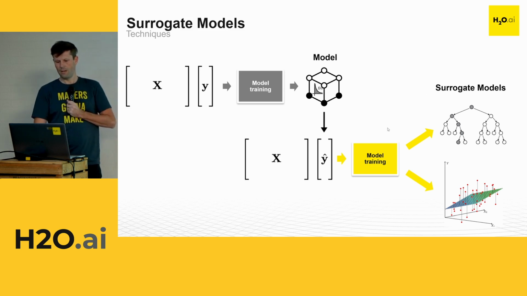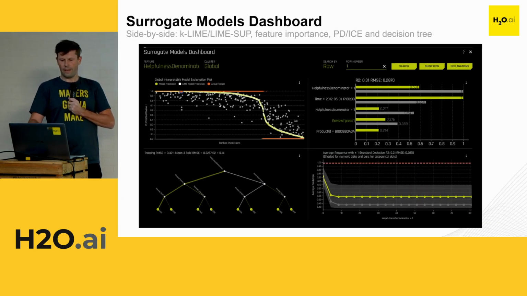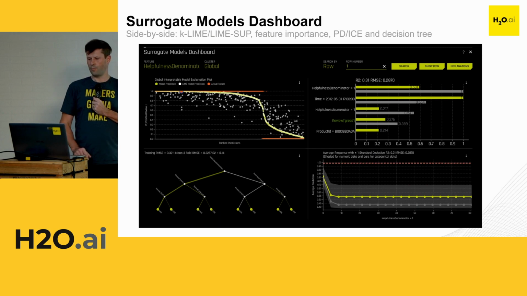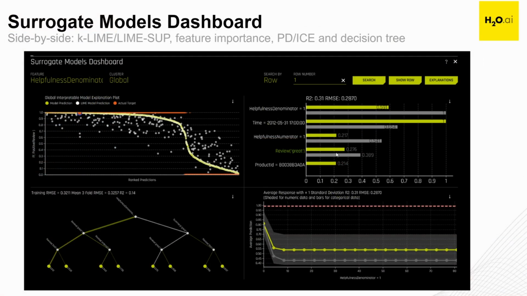So a surrogate model, once more, is a model trained on the predictions of the original model. With that, there are some techniques, the same approach I was talking about earlier, but this time it's done on the surrogate model. In this case, we even provide a dashboard. Here in the upper right corner, you can see feature importance.